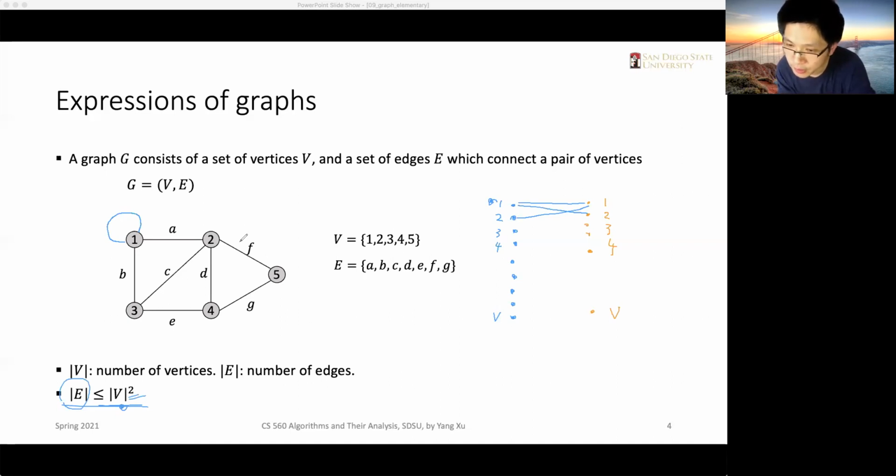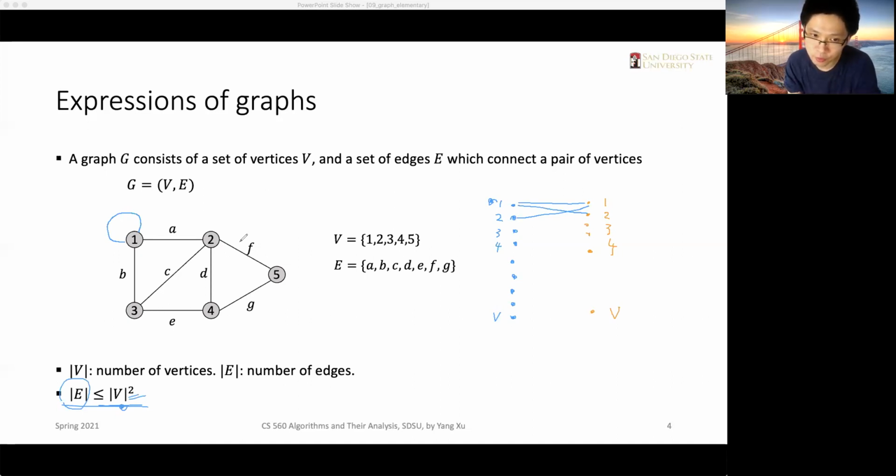Just based on the sets V and E, how are we supposed to derive the figure? Yeah, that is a good point, actually. With only V and E, that is not sufficient to reconstruct the structure of the graph, because we don't have connectivity information just within these two sets.